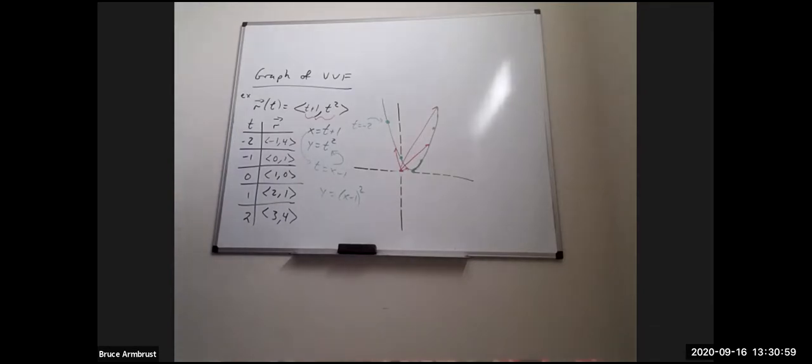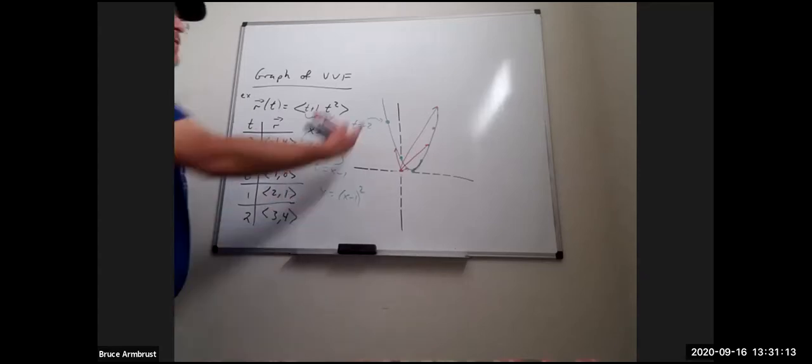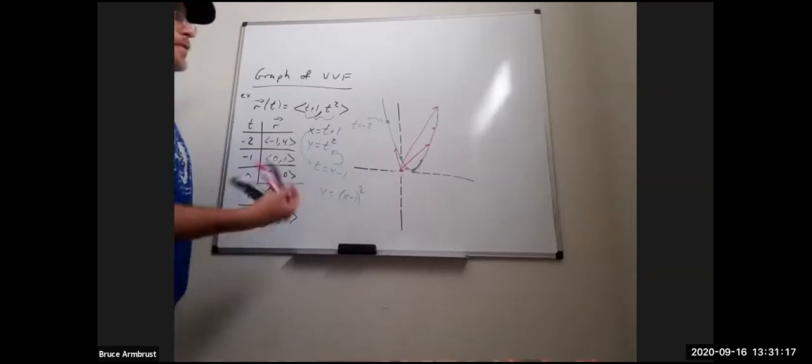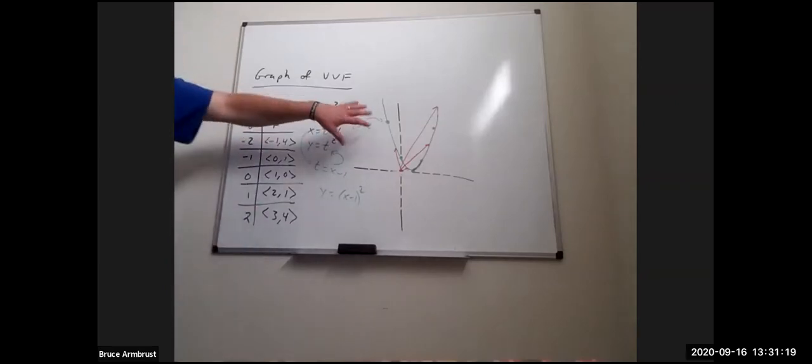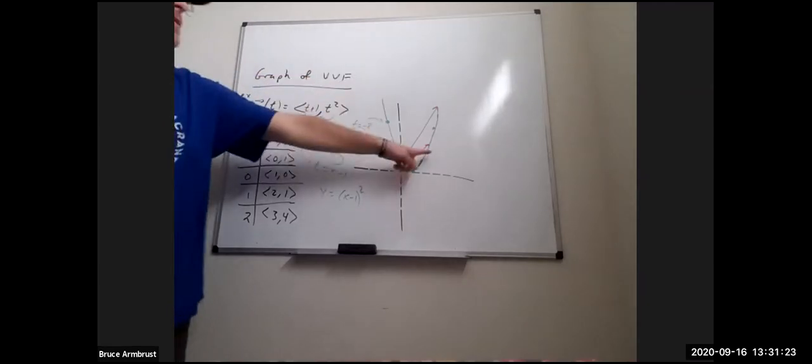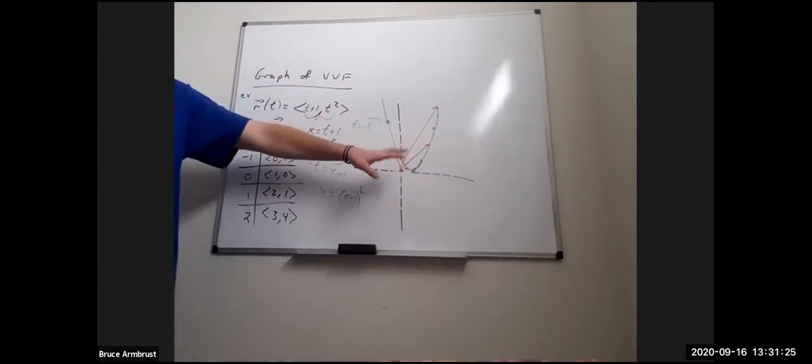All right, so I guess long story short, when we graph vector value functions, we really are just going to graph their endpoints, which means we're really just graphing a parametric set of equations. We just remember that that's our guide for where to run our arrows to. And when there's a t value, remember with parametrics, we would often say, well, this is at t equals minus 1, this is t equals 3.